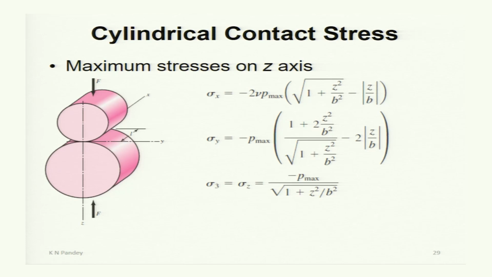Now, for the cylindrical contact stresses, the stress in the x direction, sigma x, is given by this formula, where z is the distance in the z direction, sigma y by this formula, and sigma z by this formula. Sigma z is the stress acting in this way.